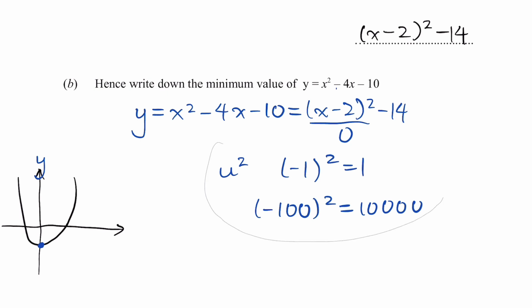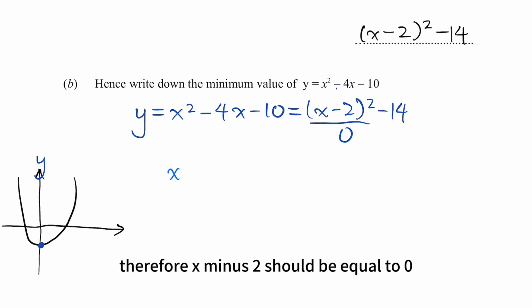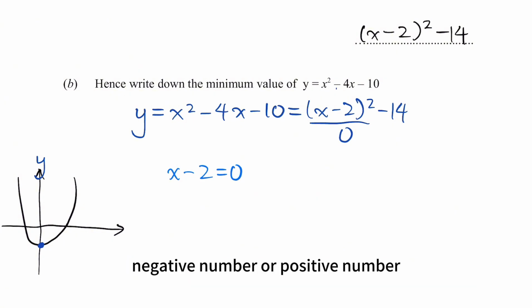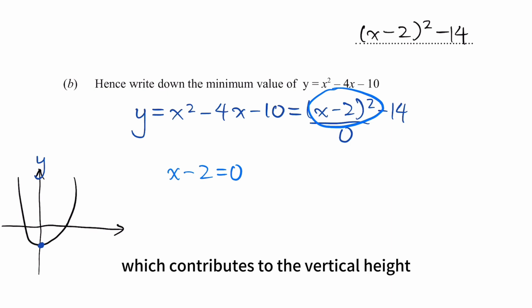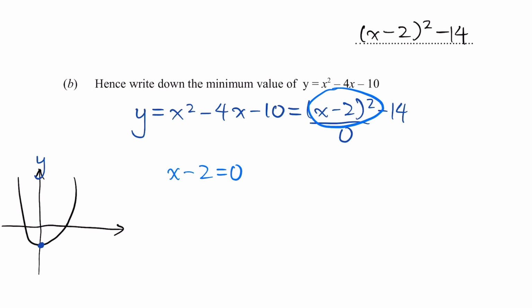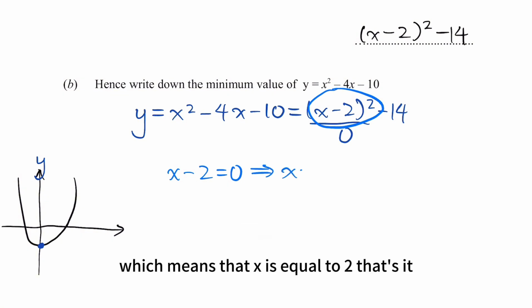And therefore, x minus 2 should be equal to 0. Because if x minus 2 is any negative or positive number, then this thing is positive, which contributes to the vertical height, and we don't want that contribution, right? So x minus 2 is equal to 0, which means that x is equal to 2.